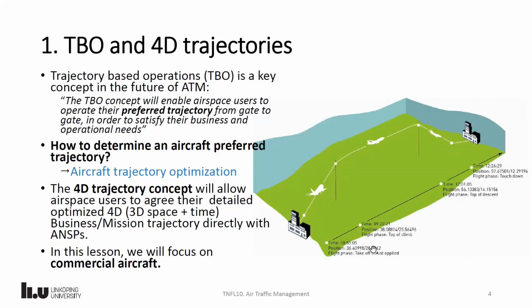So the idea is that this 4-dimensional information is shared between all the users of the airspace. By using trajectory optimization, we can obtain what this 4-dimensional trajectory would look like for our interest if we were an airline or another airspace user.